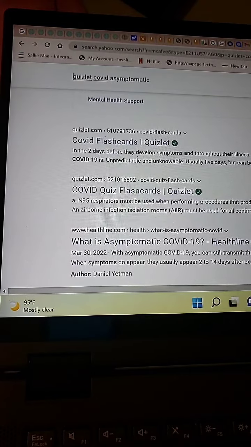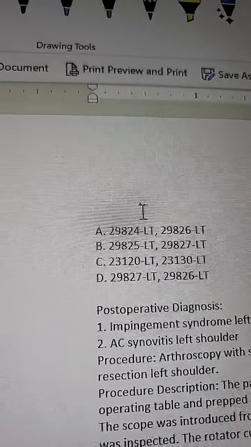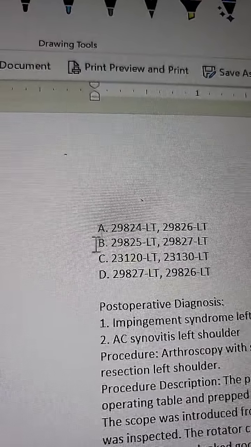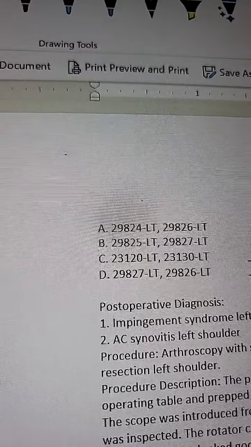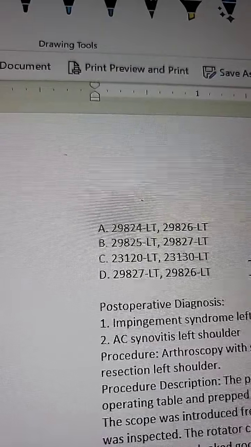See, your exam is going to come to you like this. How will those tabs help you? All your questions are going to be codes, whether they're diagnosis codes, HCPCS codes, ICD-10 codes, all that.